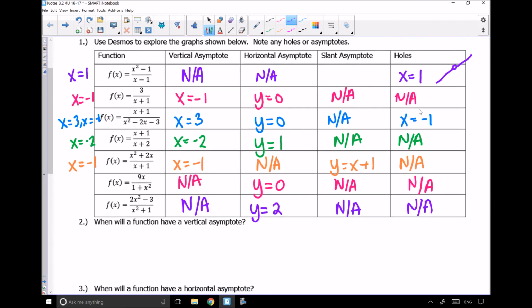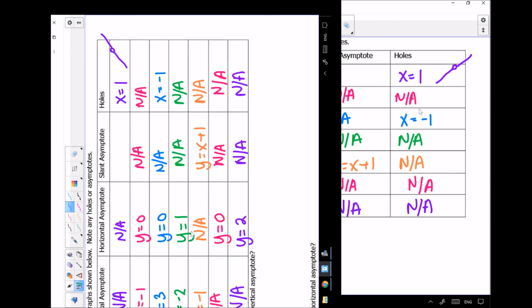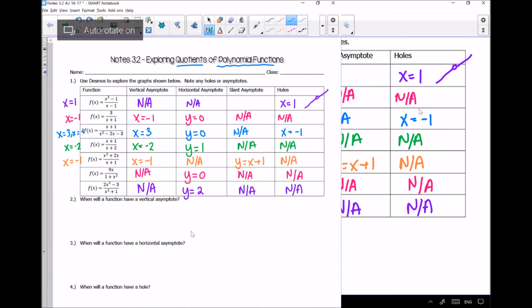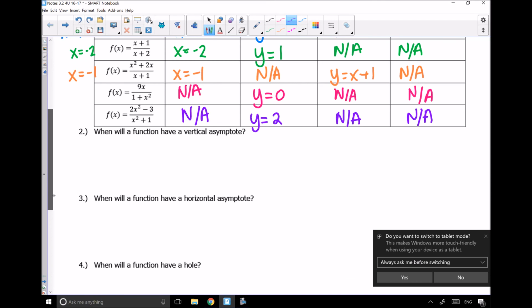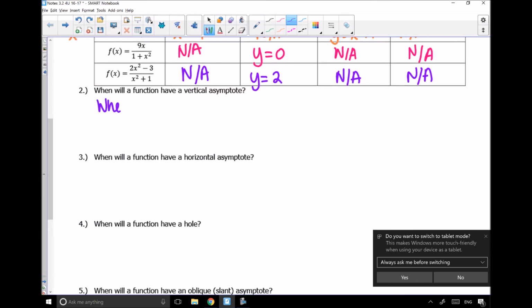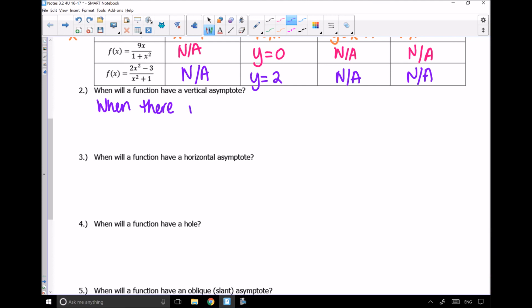So when will a function have a vertical asymptote? When there is a restriction in the denominator that hasn't been simplified out. Okay, so this will only happen when there is a restriction in the denominator that hasn't been simplified out.